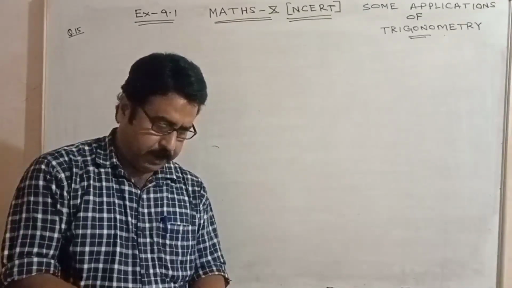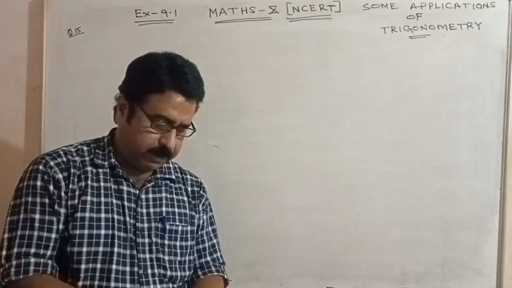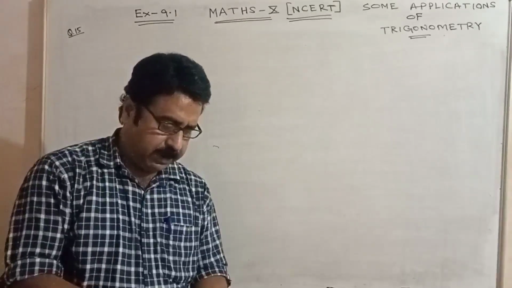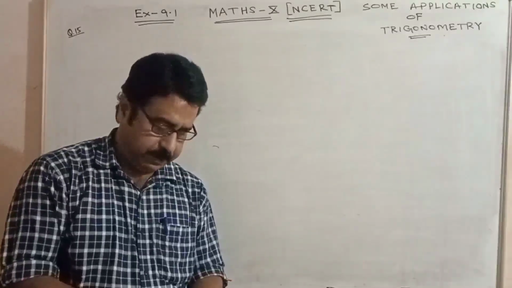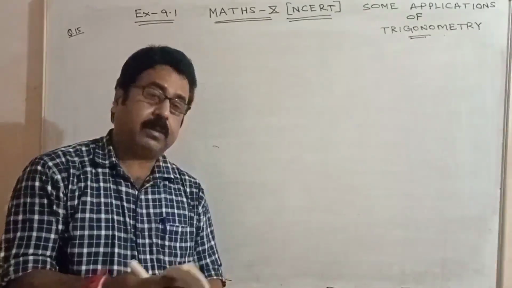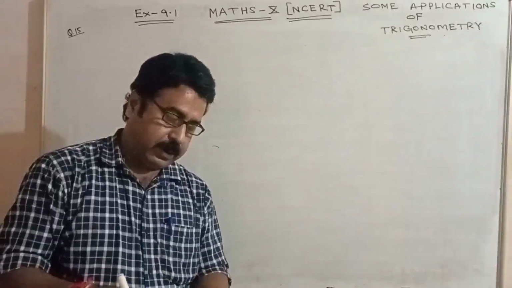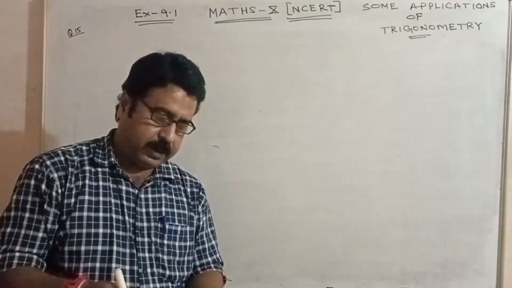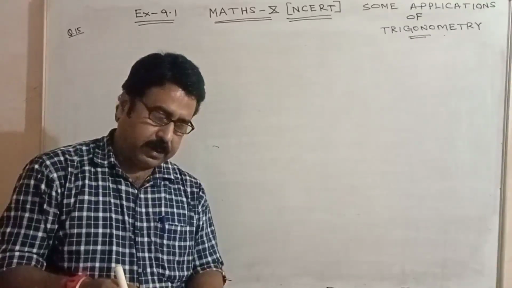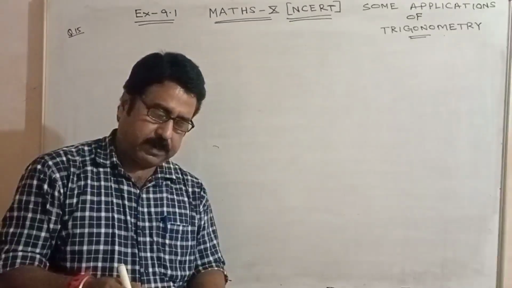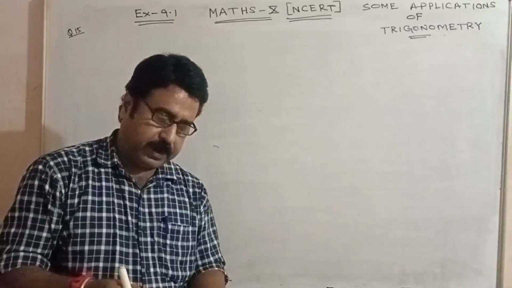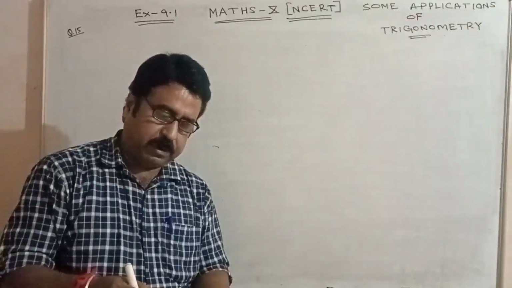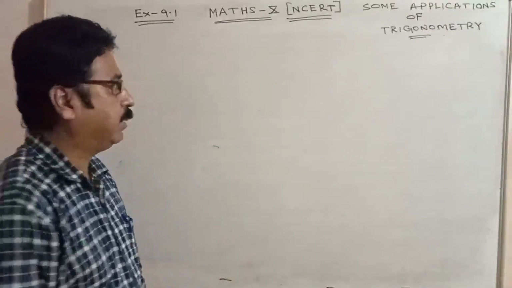A man standing at the top of the tower observes a car at an angle of depression, that is 30 degrees, which is approaching the foot of the tower with uniform speed. 6 seconds later, the angle of depression of the car is found to be 60 degrees. Find the time taken by the car to reach the foot of the tower from this point.